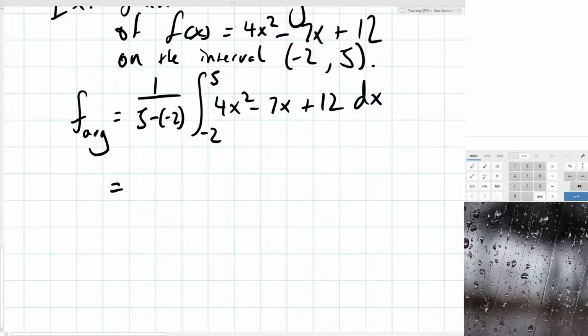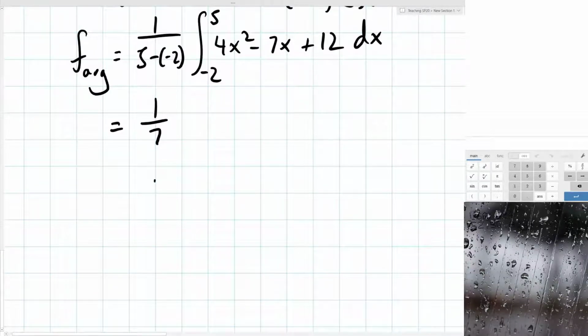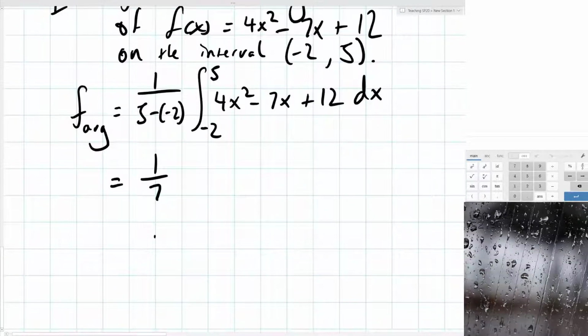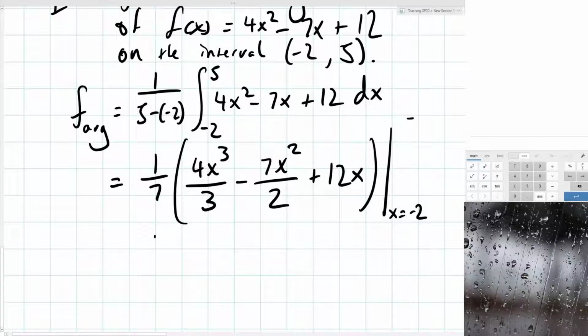So that's 1/7. And we can integrate here. The integral of 4x squared is 4x cubed over 3 minus 7x squared over 2 plus 12x. And this is evaluated between x equals -2 and 5.